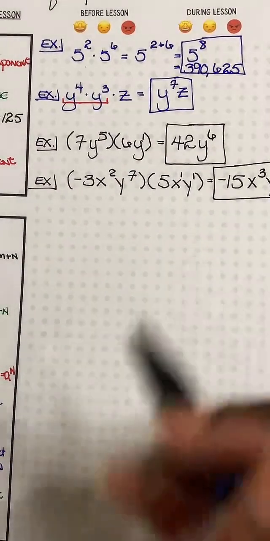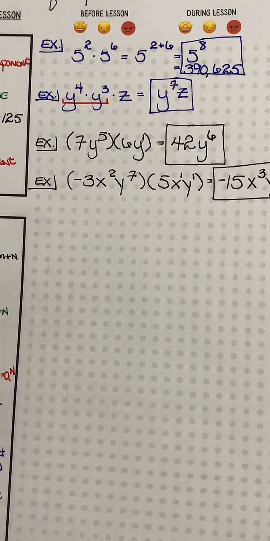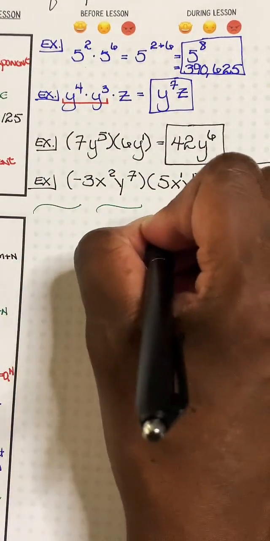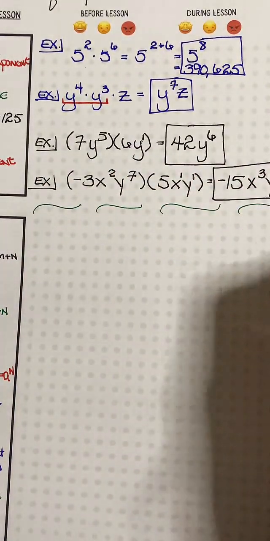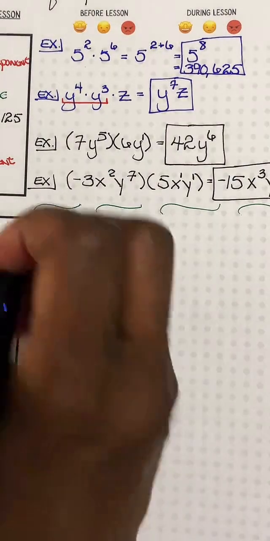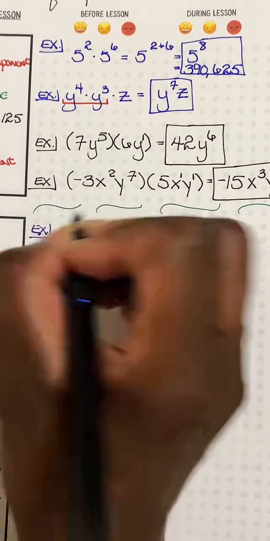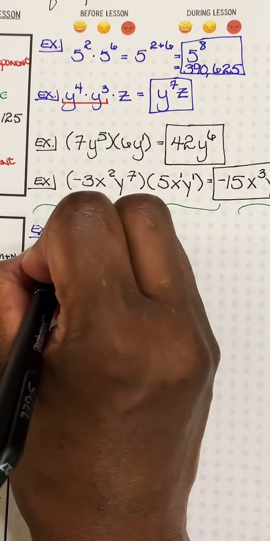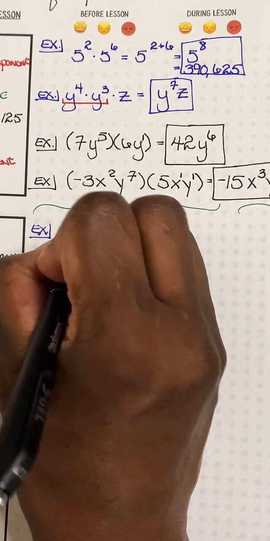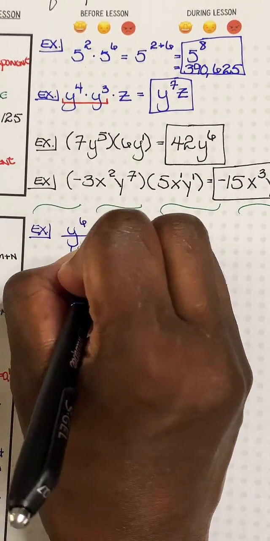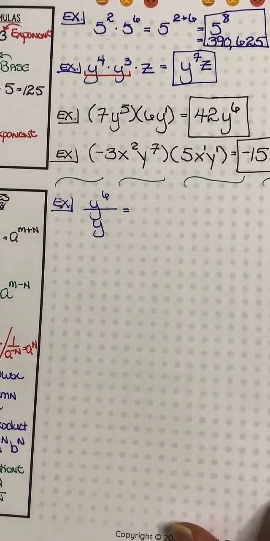Now, if I get to quotient rule, let me see if I can put a lovely little divisor here, just so you can split it. So if I have y to the 6 over y, what would that equal?